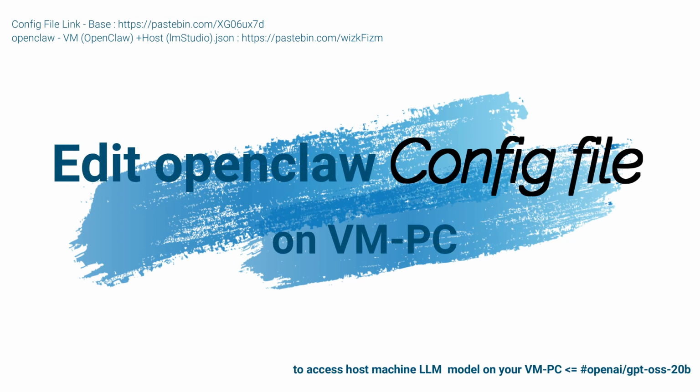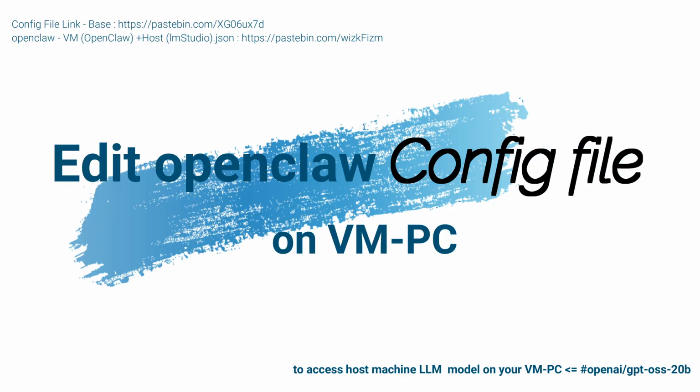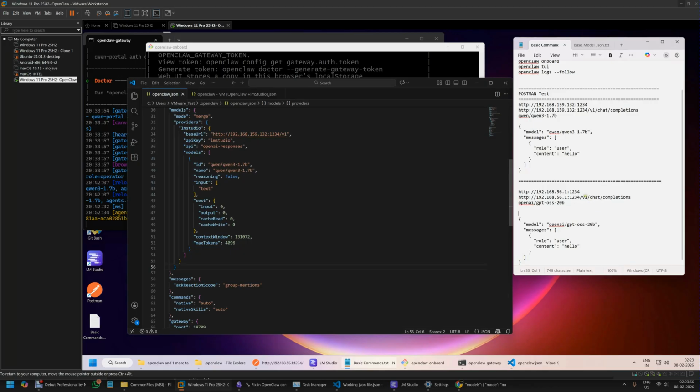So now let's set this up. We will be changing the configuration file so that we can use our host LLM. So take the IP from this, as the port is already the same, just copy that.